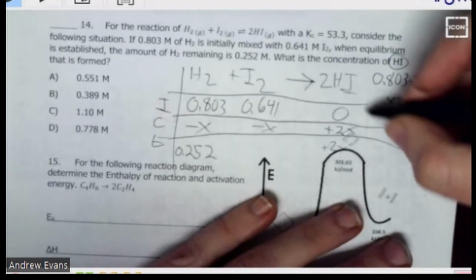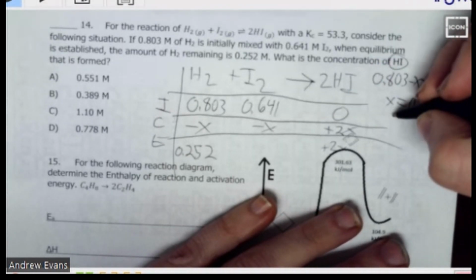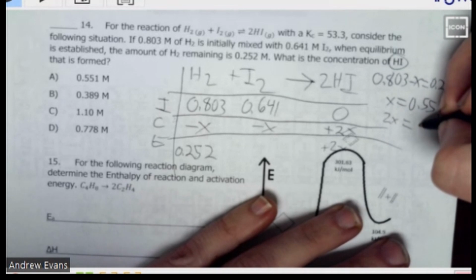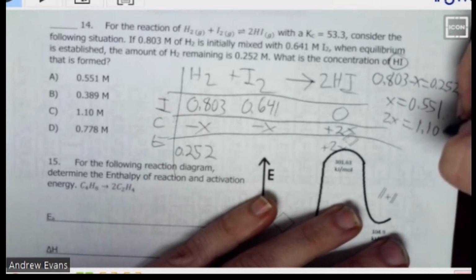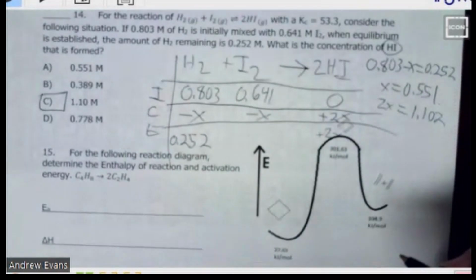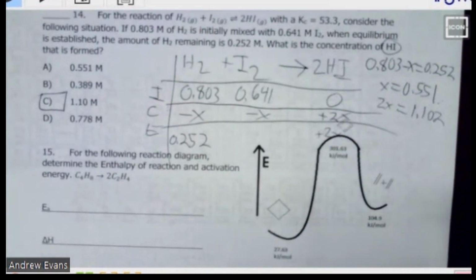However, the amount of HI is equal to 2x, so that would be 1.102. So the correct answer is C. It's meant to be a little bit of a thinker, but you don't have to worry about it too hard.